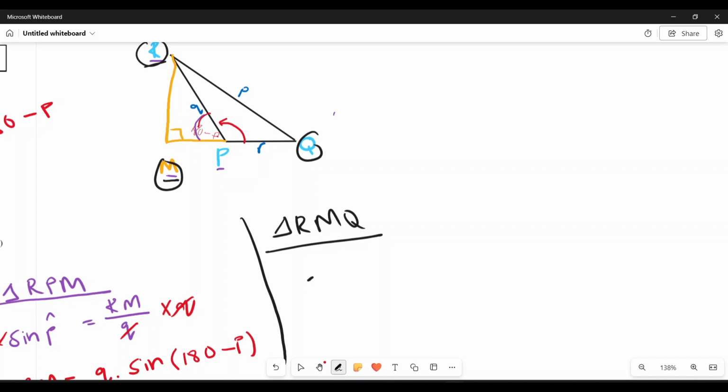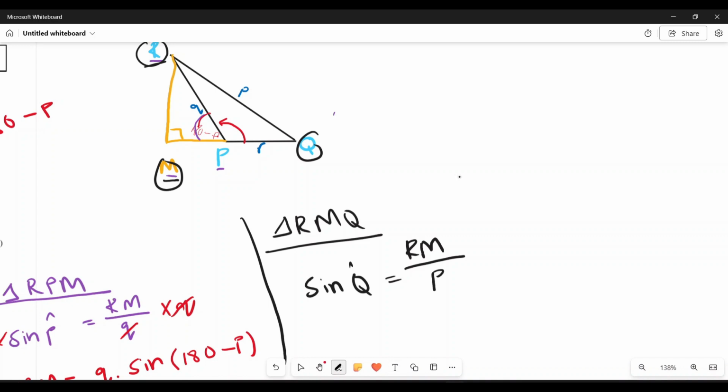So I'm going to say, okay, my sine of Q in this case is equal to the line that is opposite to angle Q, it's RM, all over our hypotenuse, which is the line that is opposite to our angle 90 degrees. And in this case, it's RQ. And we said RQ, we're going to indicate it with a small letter p.